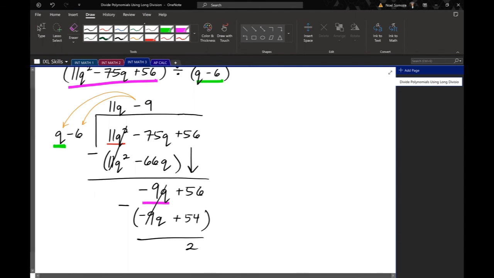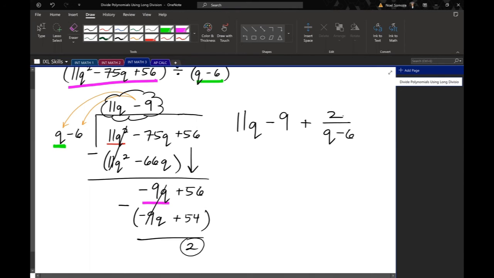Well, this is absolutely our quotient: 11q minus 9. But how do we deal with this remainder of 2? We express the remainder as plus 2 all over q minus 6.